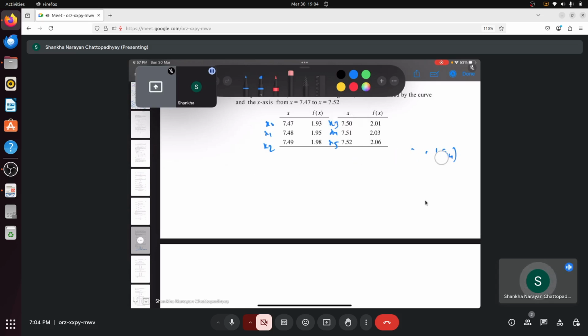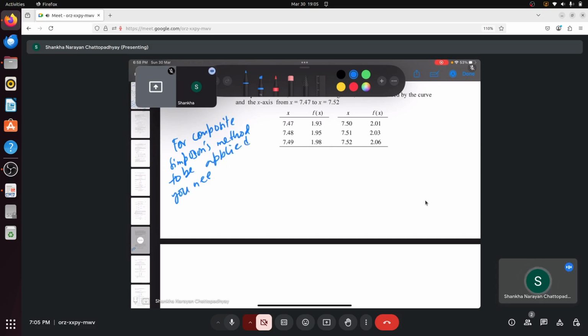You cannot apply the composite Simpson method here, because for the composite Simpson's method to be applied, you need 2n plus 1 points, otherwise you cannot break it.